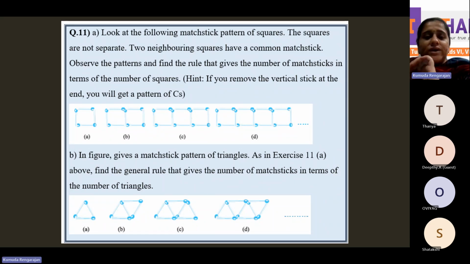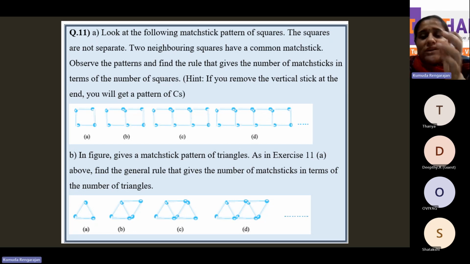So the question is to write a rule. You should observe the pattern and make a rule with the help of which you can find out exactly how many matchsticks will be needed to make a similar pattern with 10 squares, 20 squares, 30 squares, 100 squares, or whatever triangles, 50 triangles, 100 triangles.